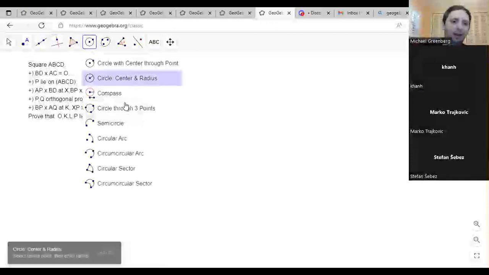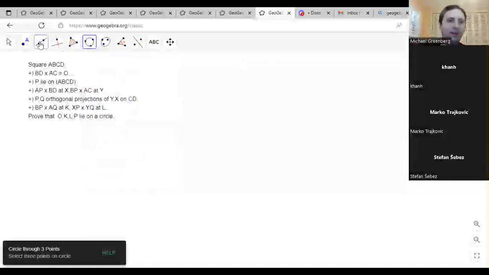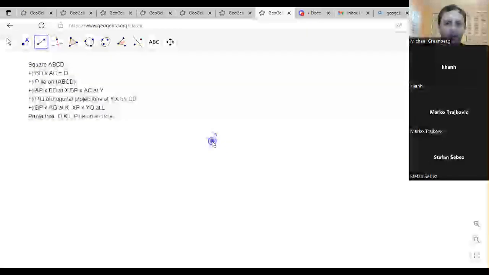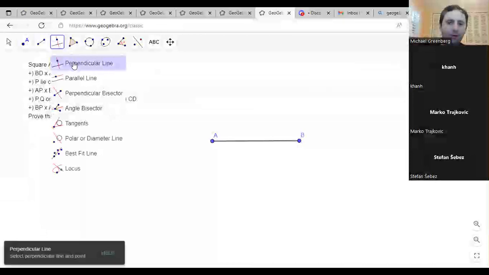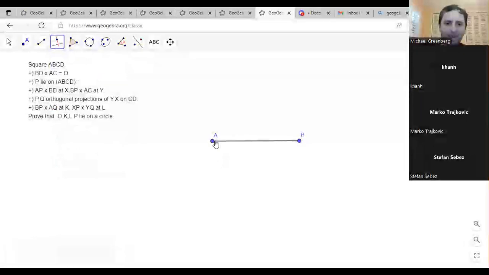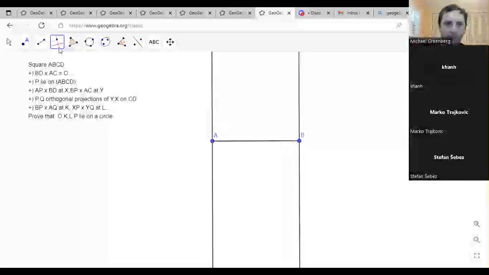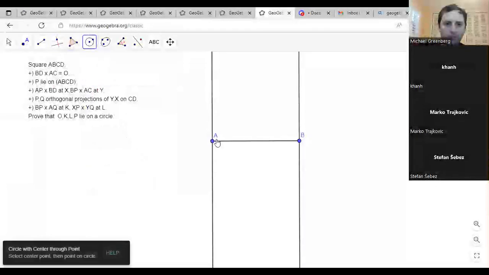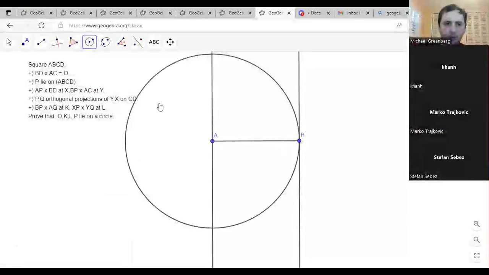Okay. All right, so ABCD is a square. I haven't drawn a square in a really long time. Should have drawn it the other way.